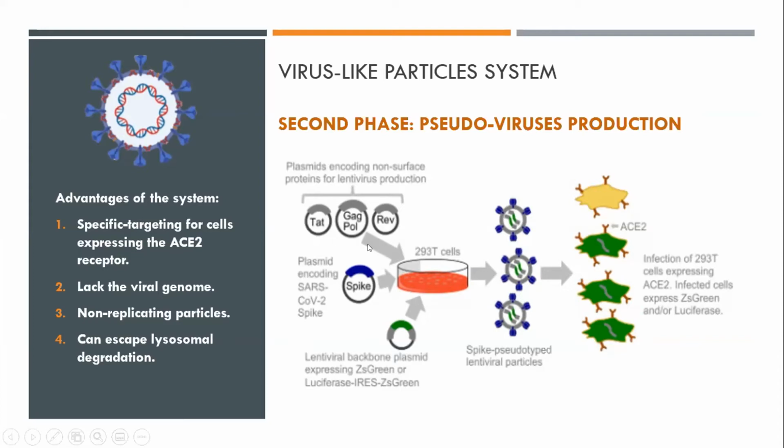We are modifying a work developed by Cattoglio 2020, and the modification we are making to the lentivirus system is that we are not using the Tat plasmid. In our system we will only be using the other plasmids, one for Gag-Pol, and the other for Rev, because the Tat plasmid we will no longer be using.